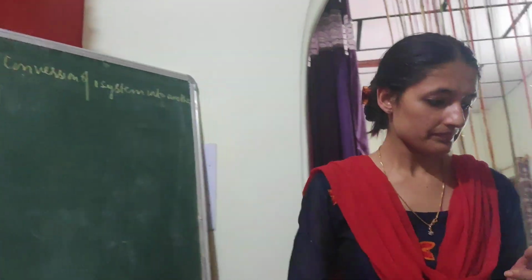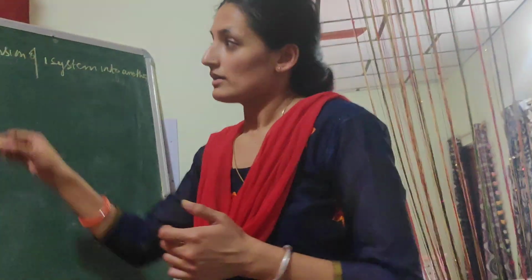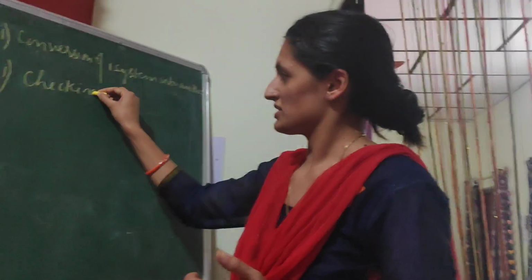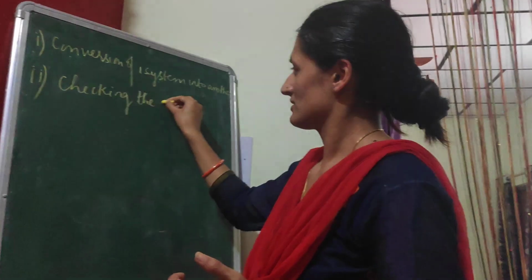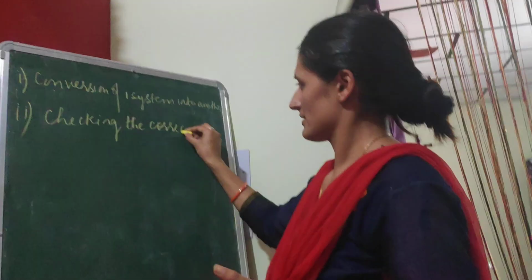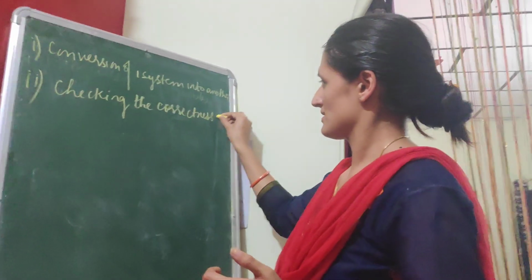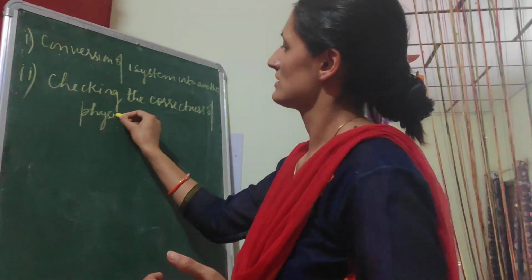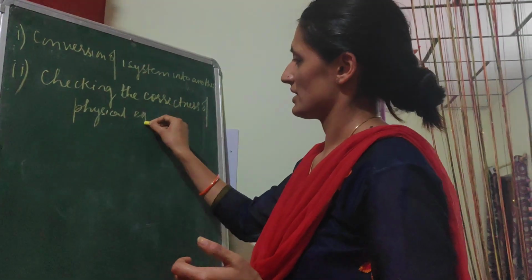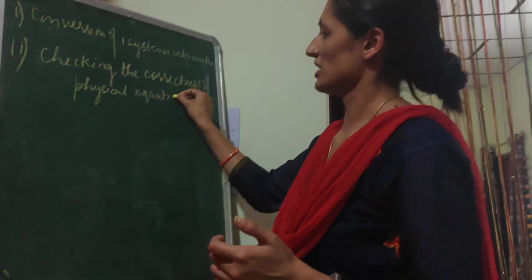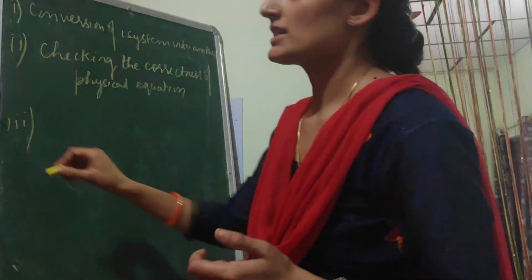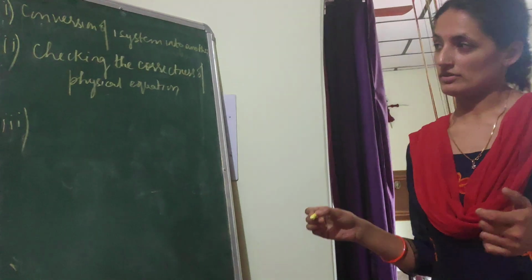Second is checking the correctness of a physical equation. Any given equation, you can check the correctness. It means you can check whether the left hand side is equivalent to the right hand side or not.